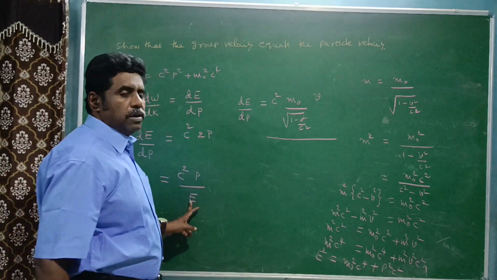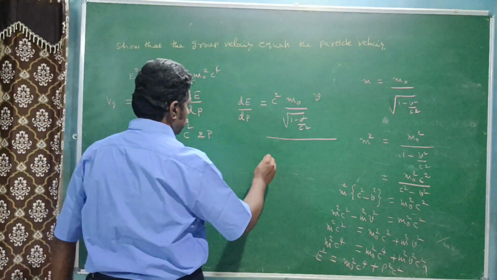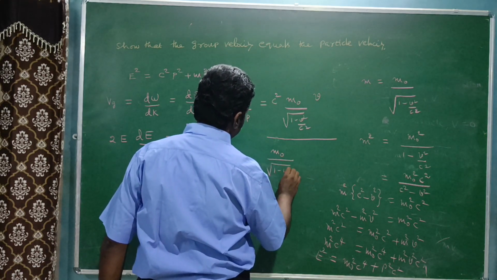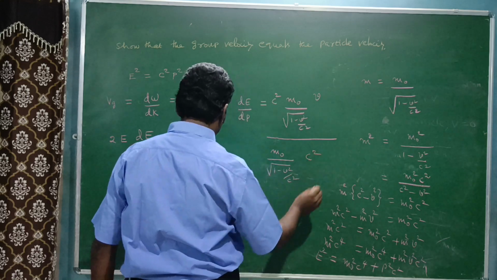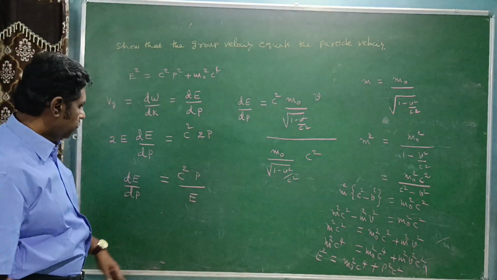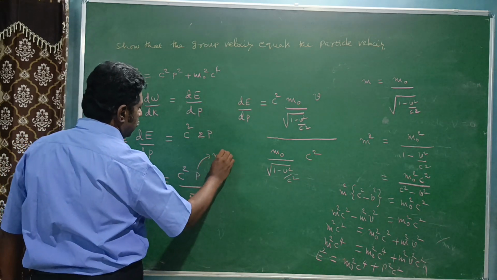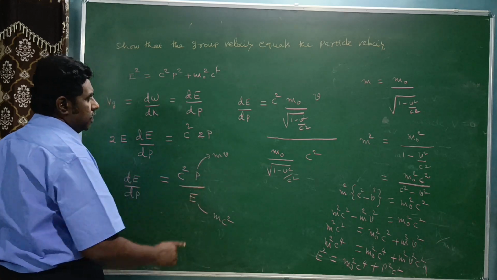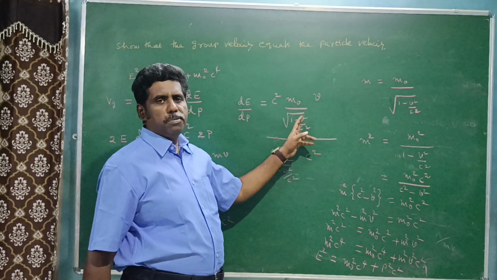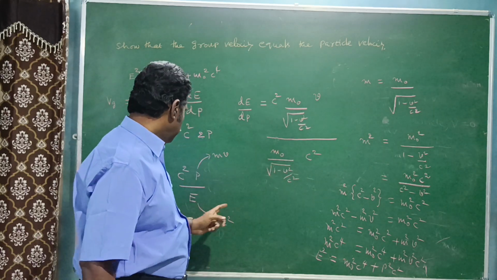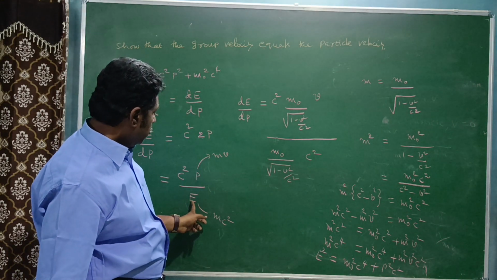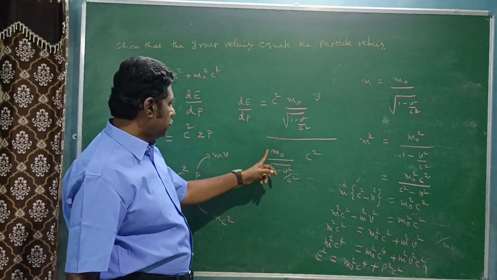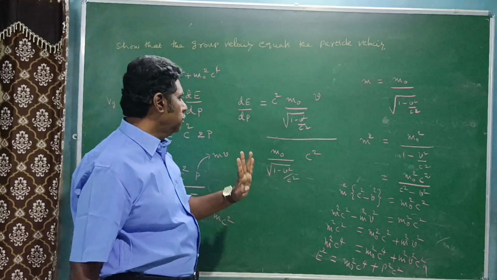Here E equal to mc square, that logic we have to use. It is mc square means m0 divided by root of 1 minus v square by c square into c square. Here instead of E, this should be replaced by mc square. But m is equal to m0 divided by root of 1 minus v square by c square, because this is the relativistic case. Here also, in terms of mc square, we have to write E should be replaced by mc square. m is expressed in terms of m0 divided by root of 1 minus v square by c square.